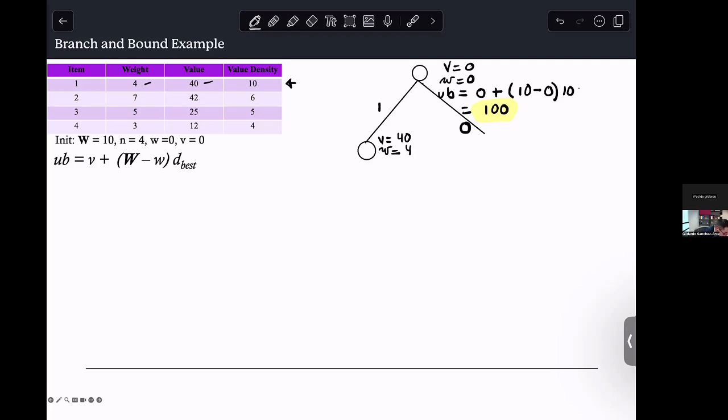And considering that the upper bound is going to be V, which is 40, plus 10, the maximum weight, minus the weight that is remaining.